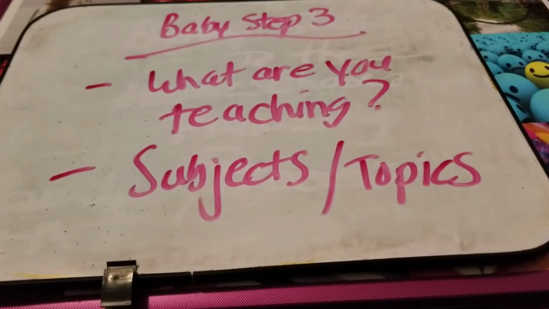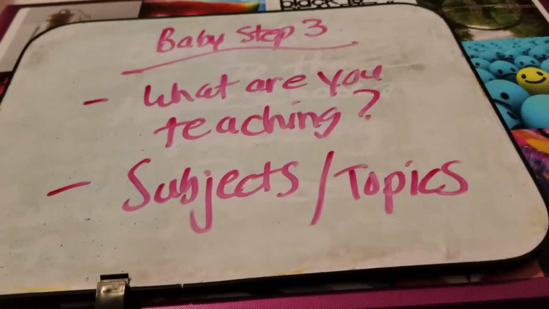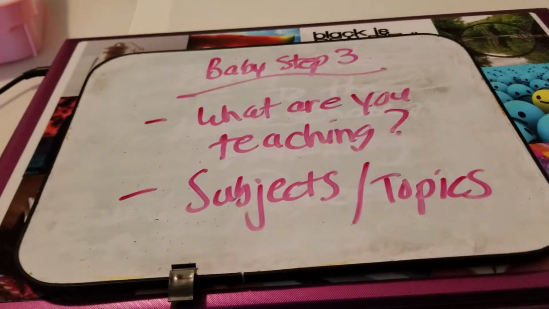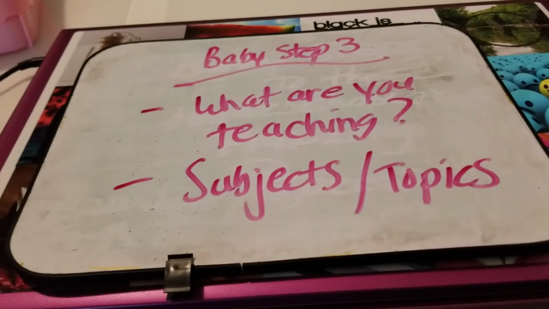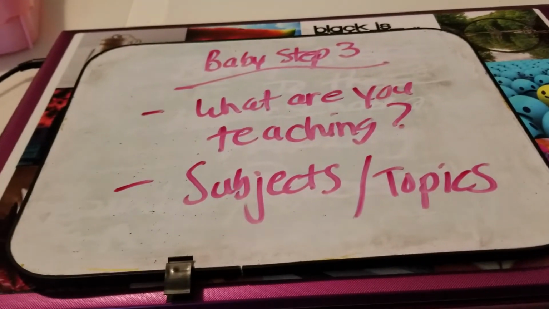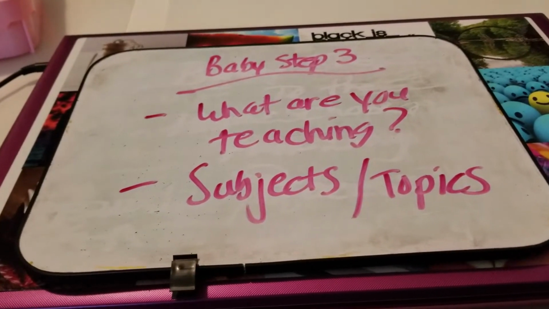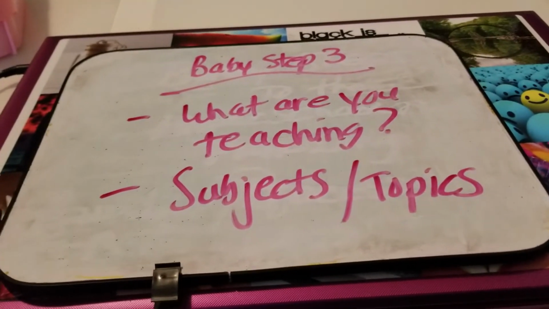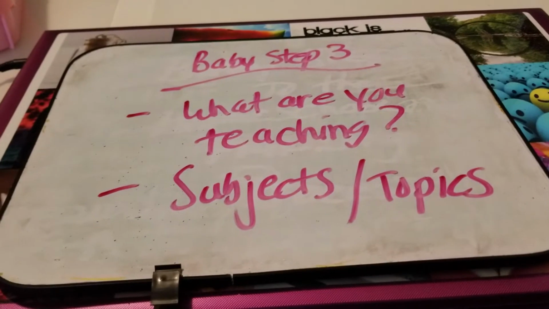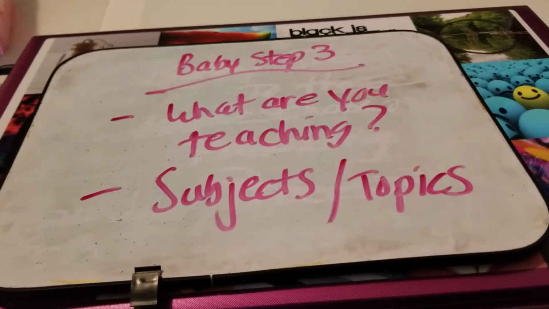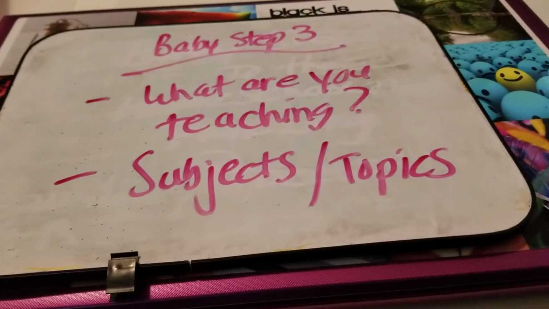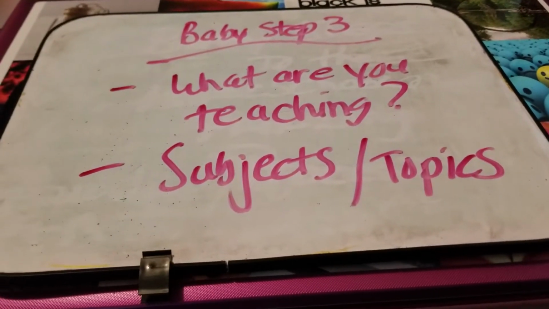The whole intent here is to help you understand that you don't have to teach every subject or every topic that the school teaches or another homeschooling parent teaches. Based on your why for homeschooling, you decide what subjects and what topics are important for you to teach and for your children or child to learn.